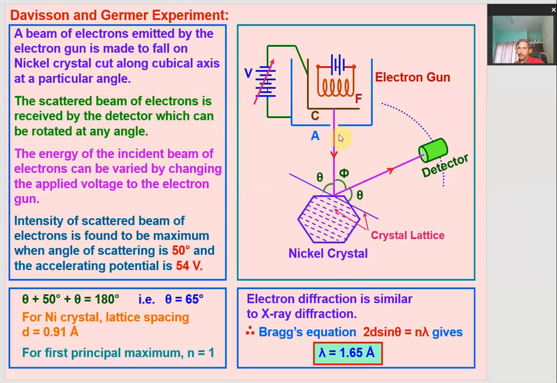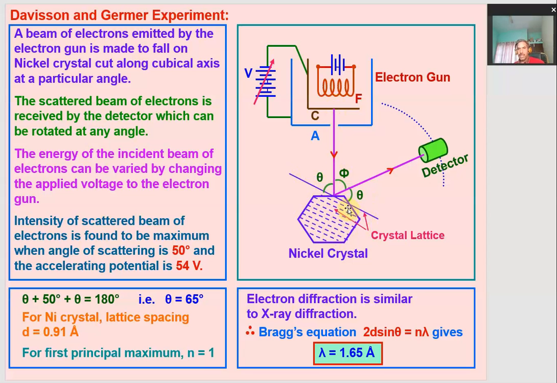The beam of these electrons is made to fall on a nickel crystal, for example, which is cut along the cubical axis, so that the planes of the nickel crystal are just like this. They can be at any angle. So this electron beam is incident on this nickel crystal.